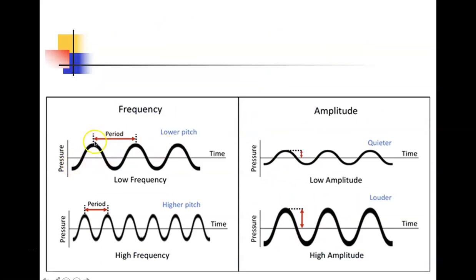We measure this, we call this the period, between two of the peaks here of a low frequency wave versus a high frequency wave. So you'll notice the period is different. Low frequency waves have longer periods. Higher frequency waves have shorter periods. And we just said amplitude, low amplitude gives you a low frequency sound. High amplitude is going to be sound higher pitched.